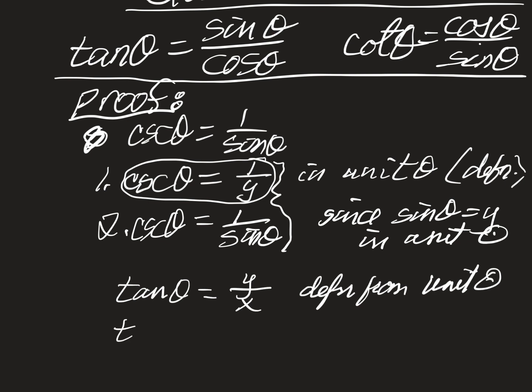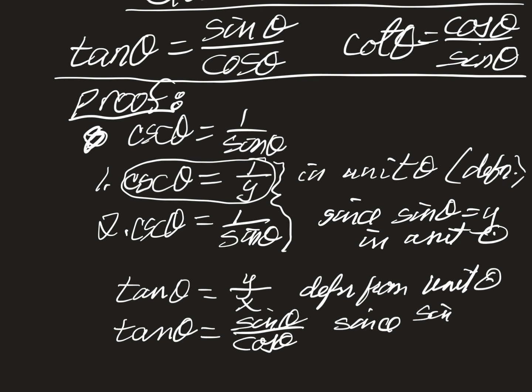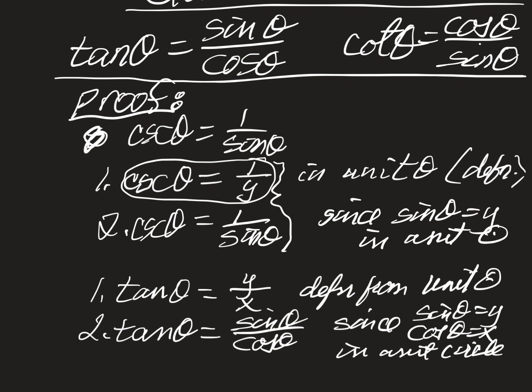And then you can say step 2, tangent theta equals sine theta over cosine theta, since sine theta equals y and cosine theta equals x in a unit circle, or by definition. All right? And so there's another 2-step proof, a given and then one step to prove it. All right? So that's how you do proofs.